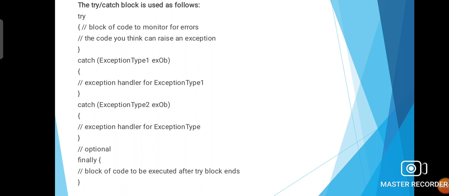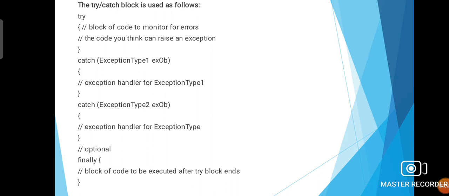Now the catch block. The catch block will declare one type of exception, and it consists of the code which will handle the exception, which is the remedial action that has to be executed if that particular type of exception arises.